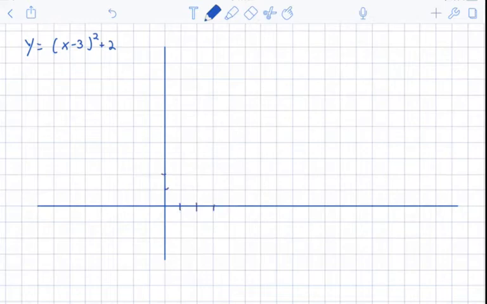This is where the vertex of the thing is, and it's pointing up. One, two, three, four, five, six, seven, eight, nine. So this is what our quadratic function looks like as a parabola.